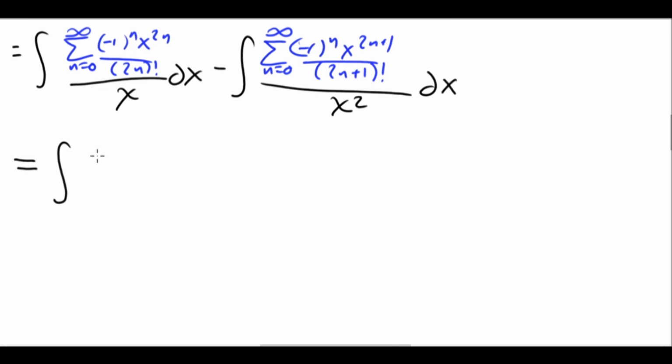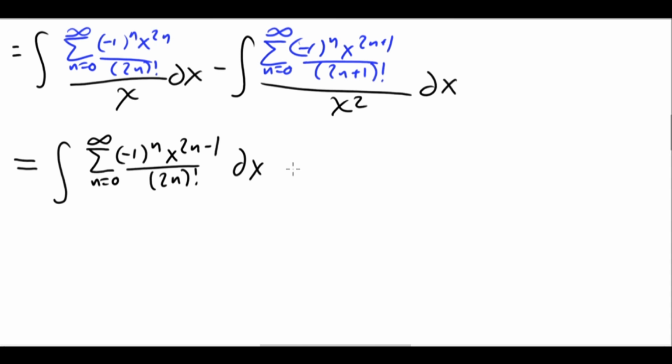So this entire integrand is going to become the sum from n equals 0 to infinity of -1 to the n, x to the 2n minus 1, since we're dividing out a single power of x, and all of that is still divided by 2n factorial, and we're integrating with respect to x.